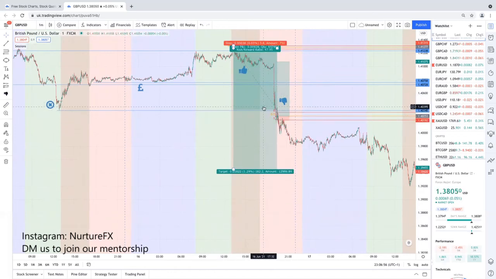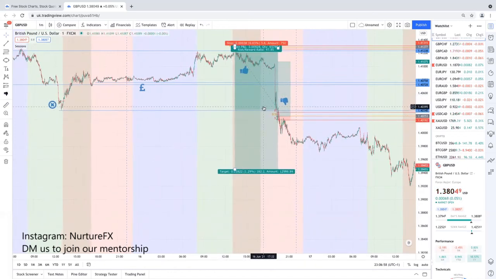So you're still up £550 just in a day and a half's trading. That's if you use a one lot, okay? If you use different lot sizes, that's going to differ massively.